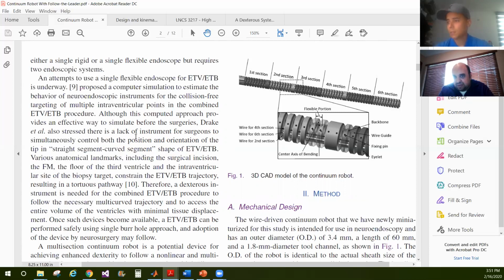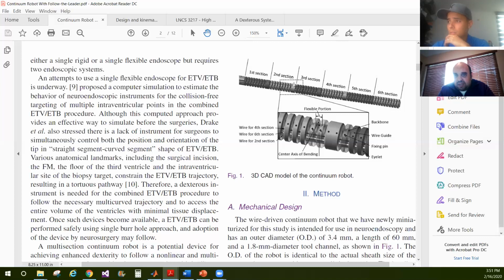Where do you get that? Because I'm just looking at it here, it's showing only those three wires. Oh, because it's a projection out of this section only. Ah, okay. I see what you're saying.